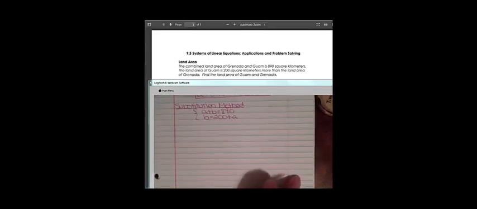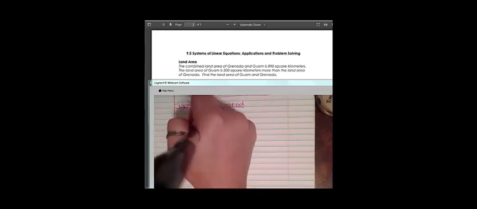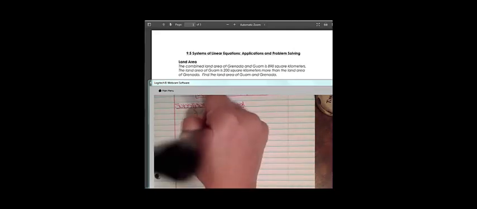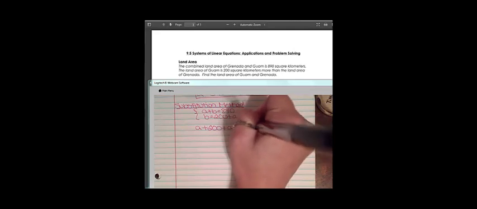Okay, for substitution, that's where you get one of the variables by itself, and then you just take that and plug it into the other equation. So anywhere there's a b in that first equation, I'm going to put in 200 plus a. So it becomes a plus 200 plus a equals 890.